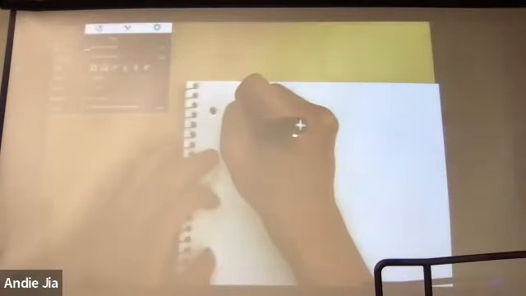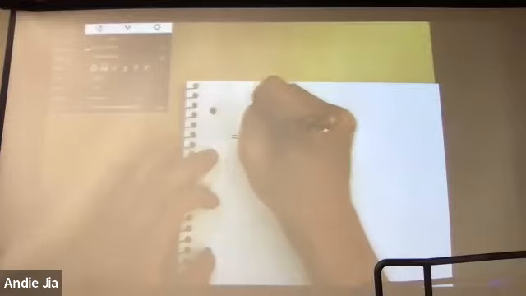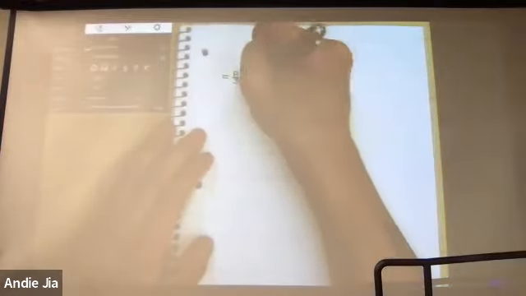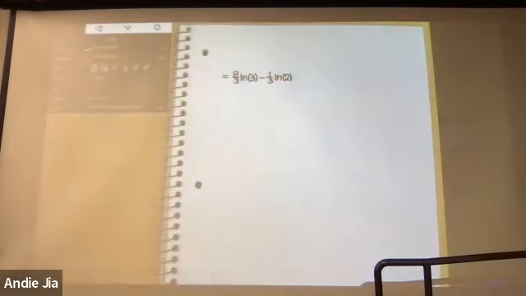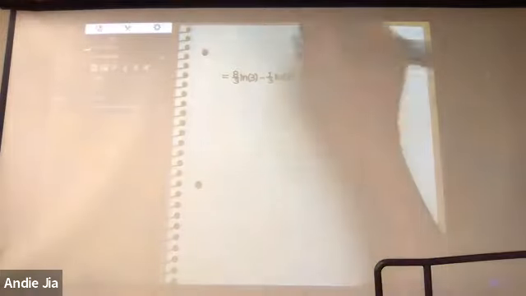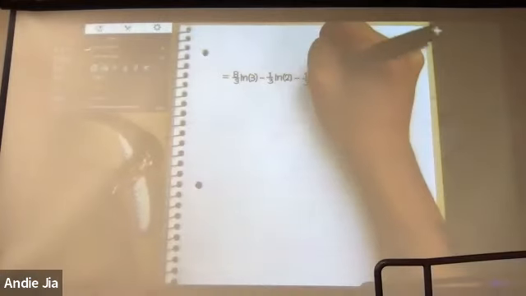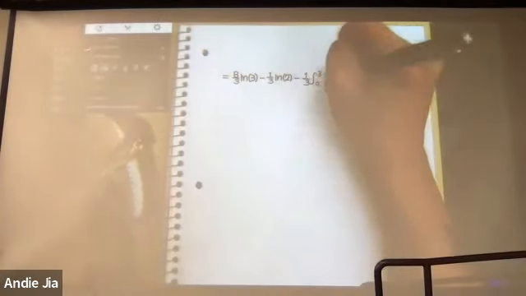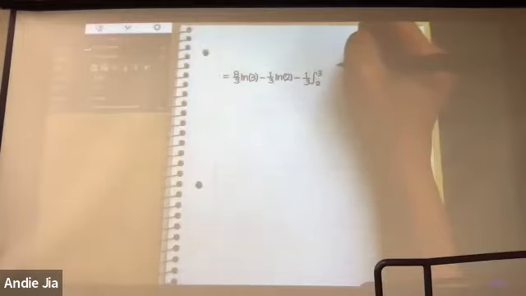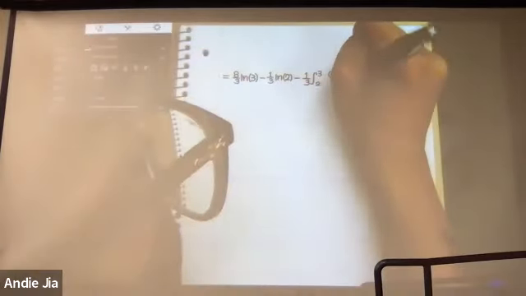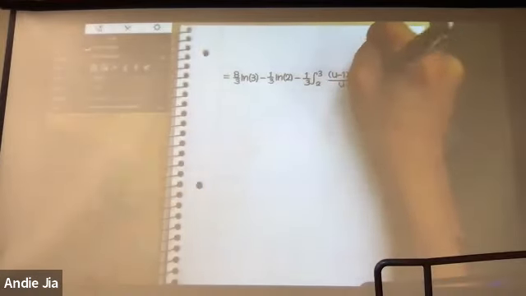Back to it, it's going to be 8/3 natural log of 3 minus 1/3 natural log of 2, minus 1/3 times the integral of u minus 1 cubed over u du.